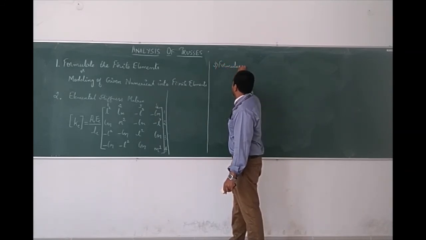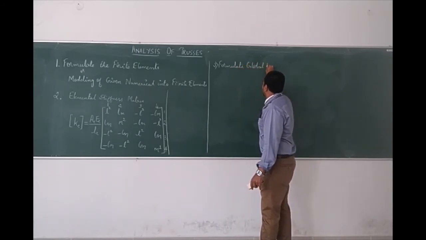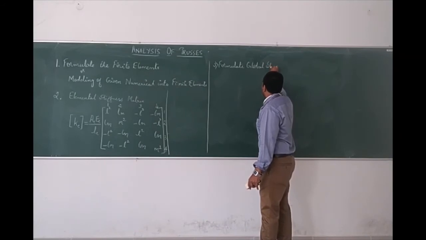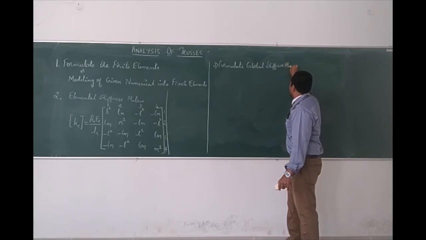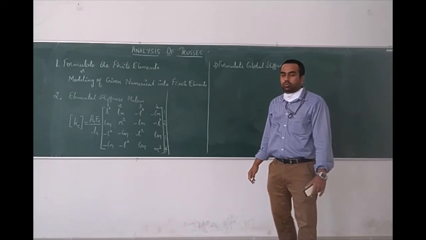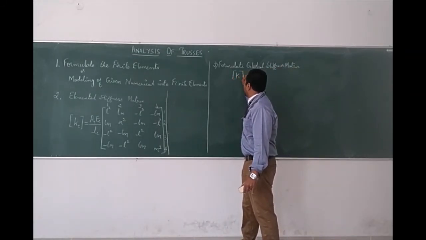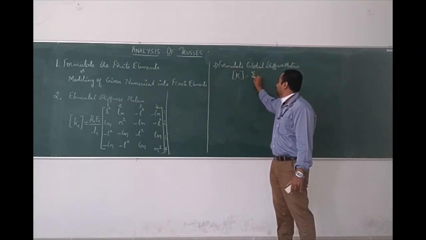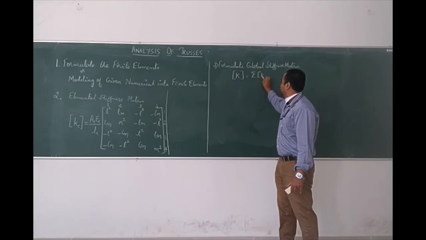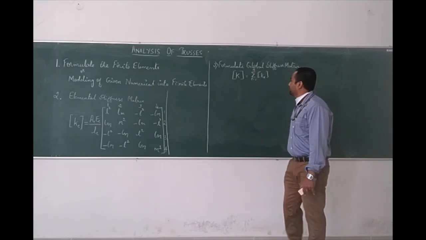So formulate the global stiffness matrix. What is this global stiffness matrix? Capital K is equal to the summation of all small k's, where E goes from 1 to n.